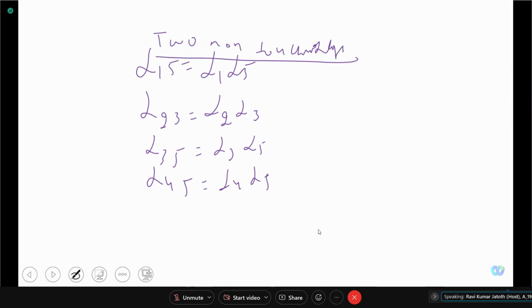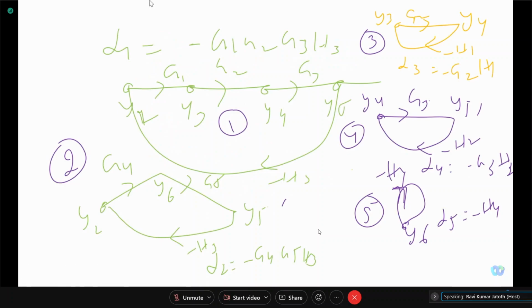All right. Now we will go ahead with three non-touching loops. Not possible. Three non-touching loops: 1, 2, and 3? No, sir, they have the same nodes. 1, 3, and 4?